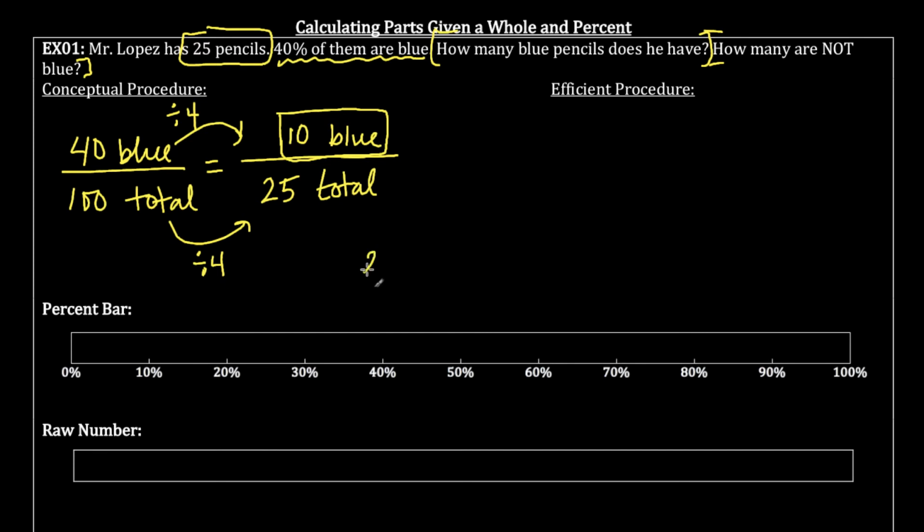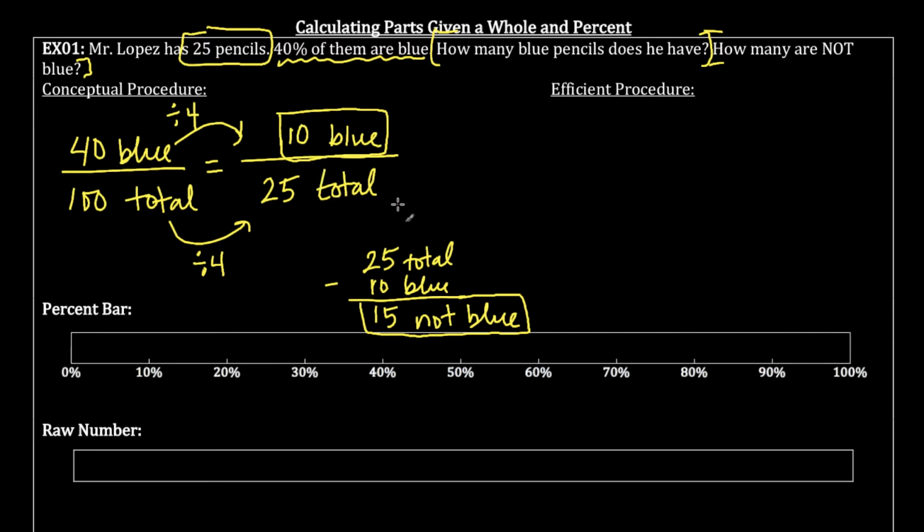Well, we know if there's 25 total, all we have to do is take away the 10 that are blue, and we get 15 are not blue. Okay, now this is the proportional method.